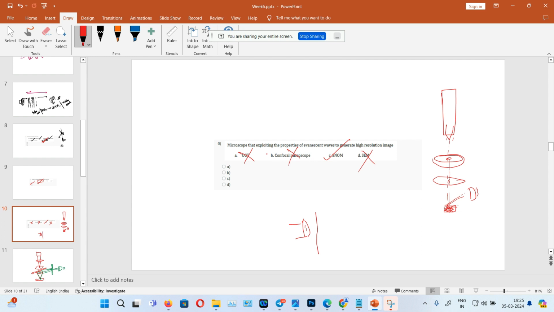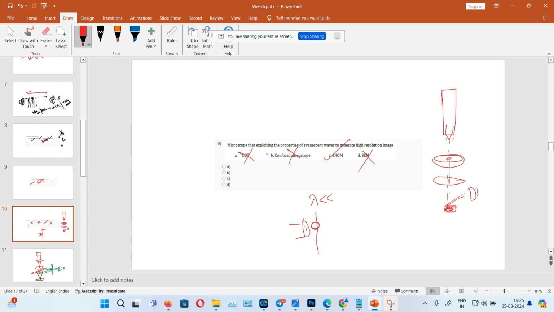Near field is the place where your distance is lower than the wavelength of the light. So this distance is less than lambda, and if you use a fluorophore or something, there will be near field interaction, and it will give high resolution imaging because of those near field waves.